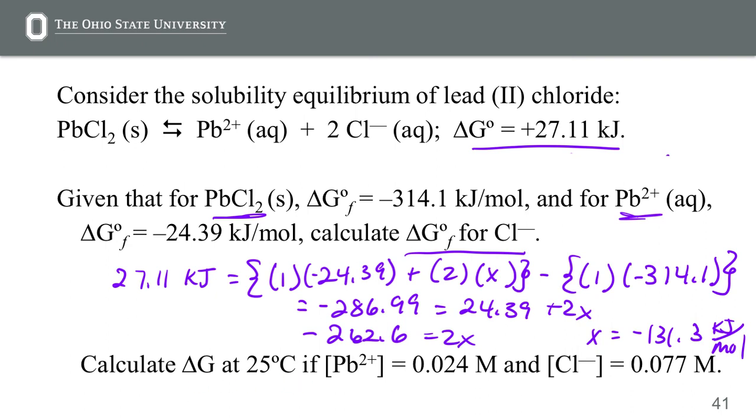So then let's do the last thing here, calculate delta G at 25 degrees Celsius if our lead concentration is 0.024 molar and the chloride concentration is 0.077 molar. Which equation are we going to use? Oh, there's the question, yes. Can you just write the equation for that? I'll try to write it correctly, but I won't use my memory because that seemed to have failed the last time.